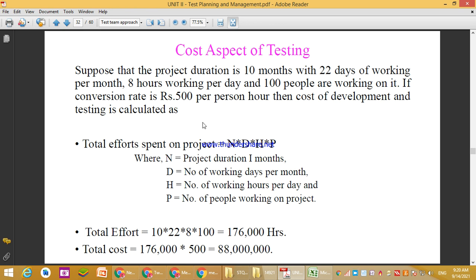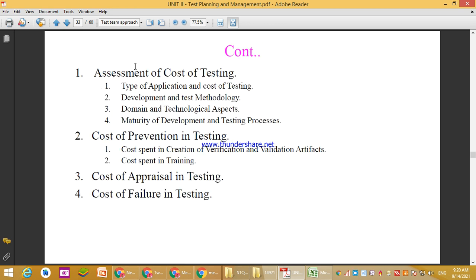Keep in mind. Okay. Then assessment of cost of testing. How is the assessment done? Number one, type of application and cost of testing. The assessment is done by considering the type of application and cost. Then development and test methodology.